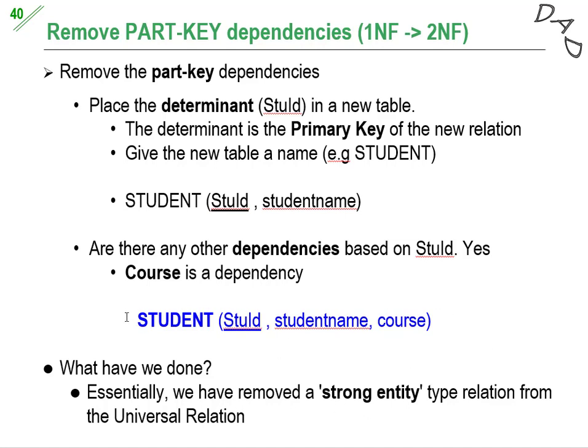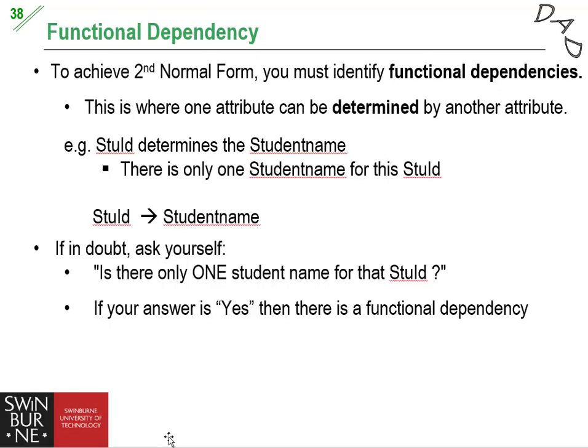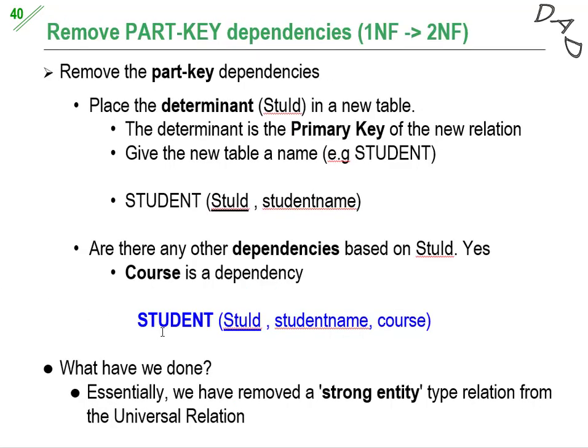So what we have actually done here is create a strong entity. So what is the universal relation actually? What kind of entity is this? This is a very big weak entity, right? So from this big weak entity, at the second normal form, we are creating a strong entity.